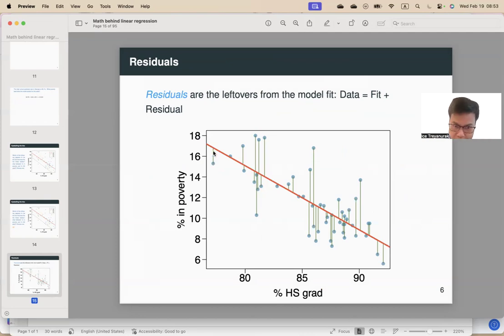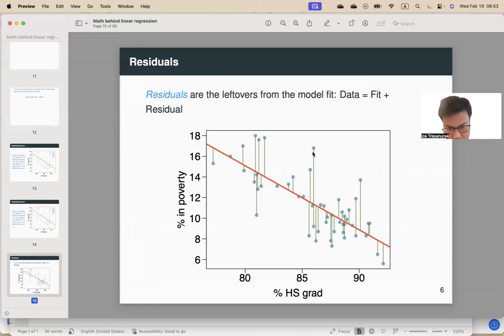So if you take a look at that first data point with about 75% graduation rate and 15 point something percent poverty, the residual is that difference between 15% poverty and 17 whatever percent poverty in the real world, about 1%, whereas the residual for there is very, very small, basically close to zero.